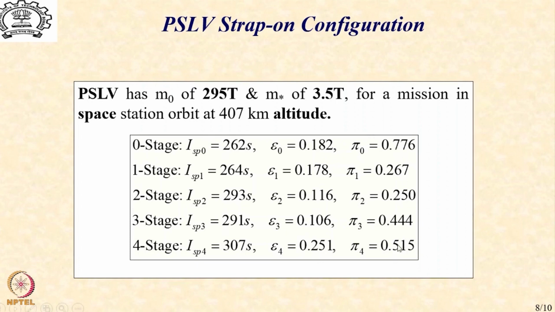And if you look at the payload fraction, you will find that the payload fraction for the 0th stage actually is quite large, indicating that the actual mass of the 0th stage is not quite large. It is a reasonably small quantity.